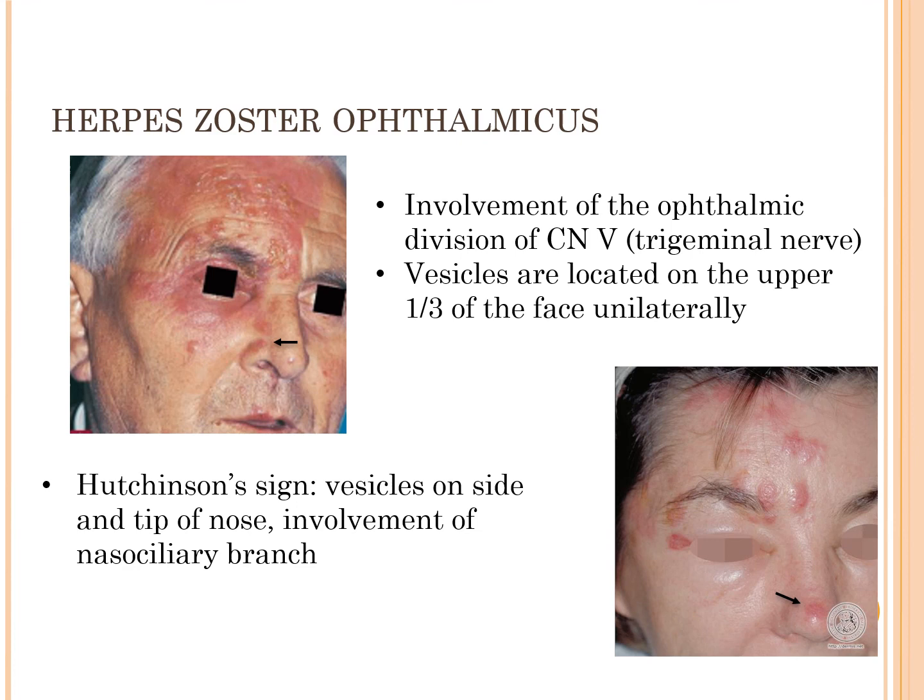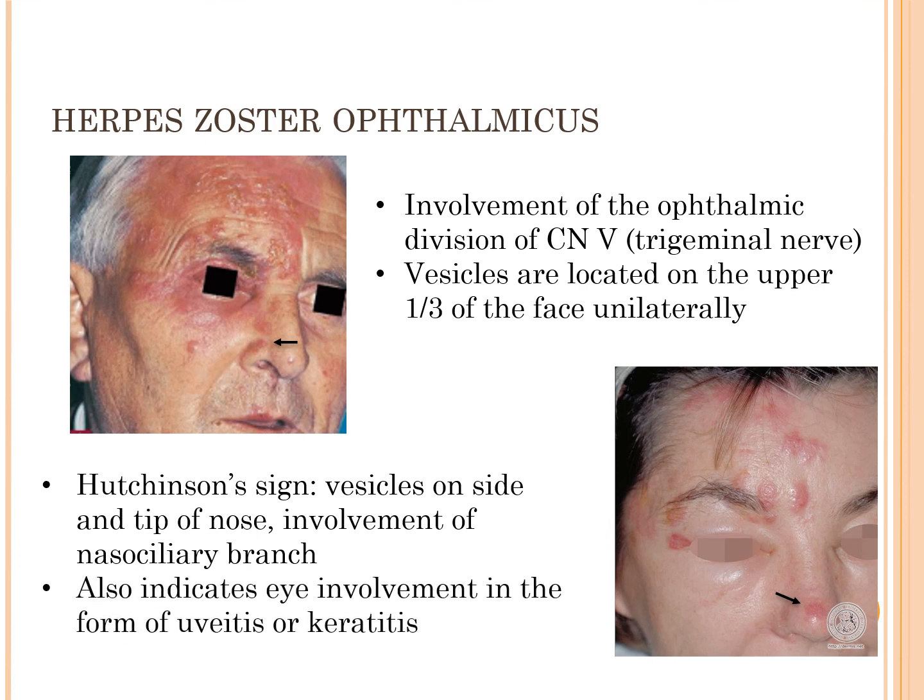This is due to the involvement of the nasociliary branch of the trigeminal nerve, and this particular appearance of vesicles is known as the Hutchinson sign. Hutchinson sign is a very important sign because if you see this, it might also indicate eye involvement in the form of uveitis or keratitis.